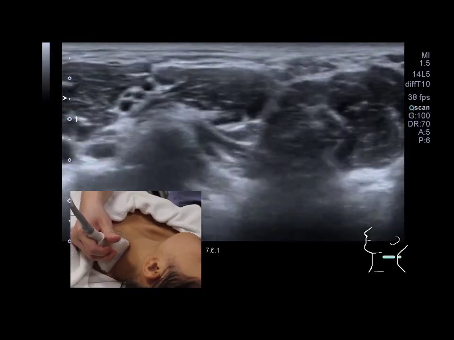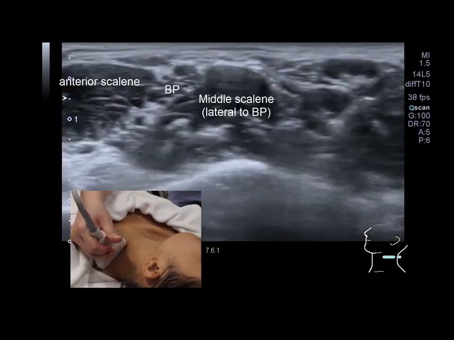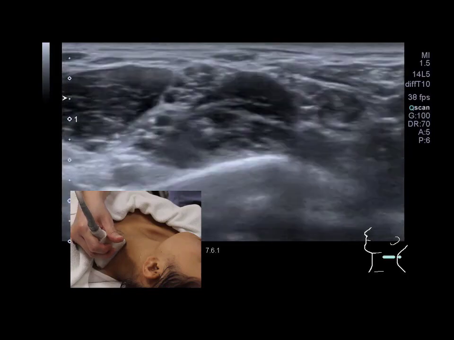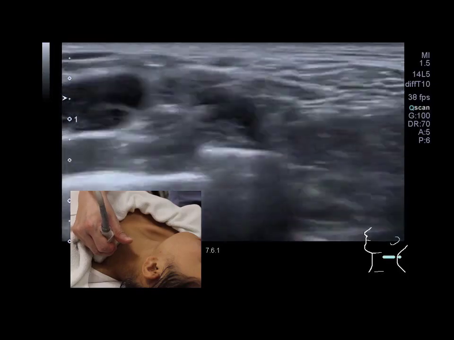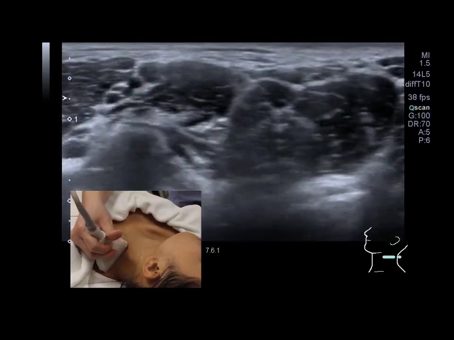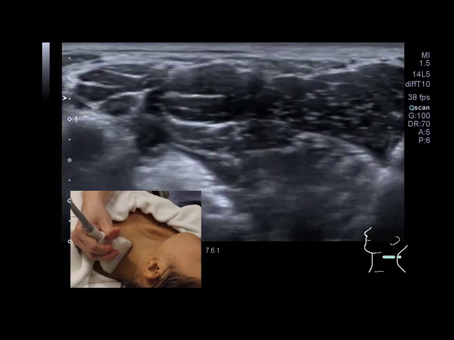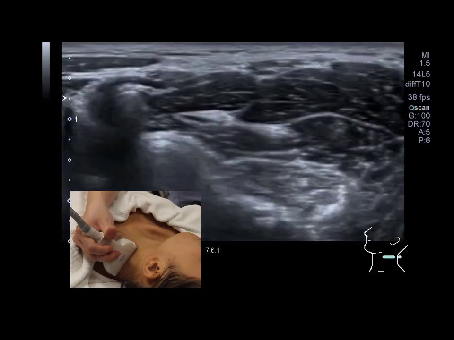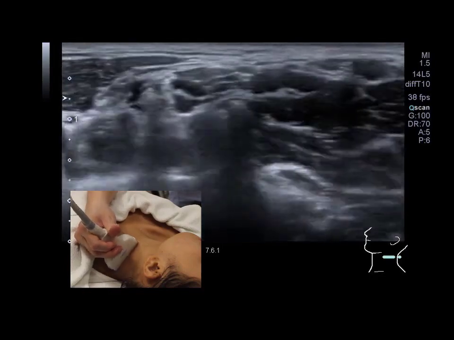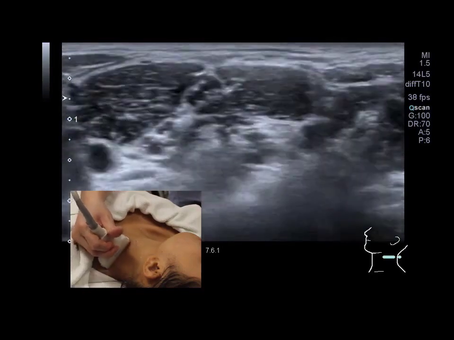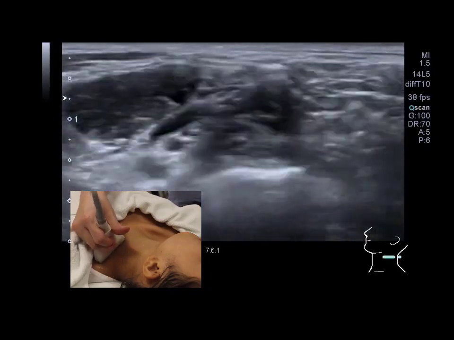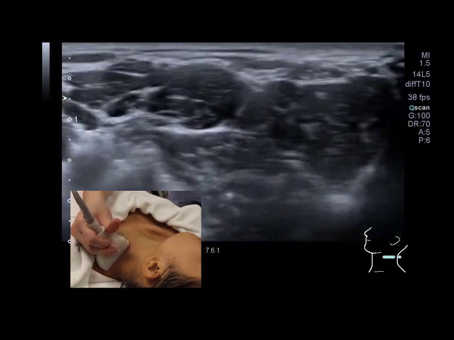Okay, let's see the whole picture of the floor muscles. From anterior to posterior is the anterior scalene, brachial plexus, middle scalene, and the last one, close to the trapezius, is the levator scapulae. These three muscles are the floor of this posterior triangle space that we need to know well in order to understand how to scan.